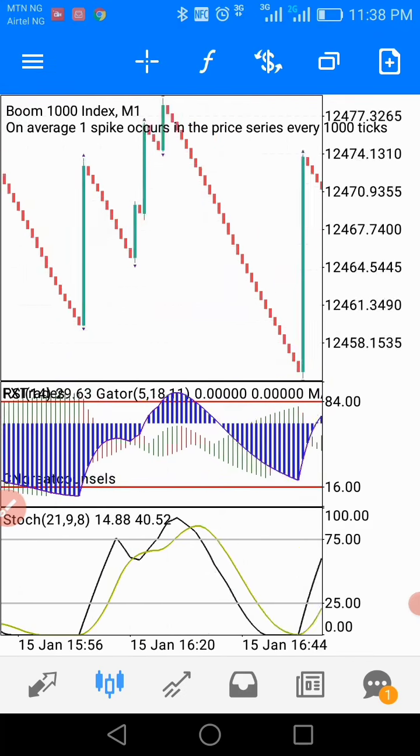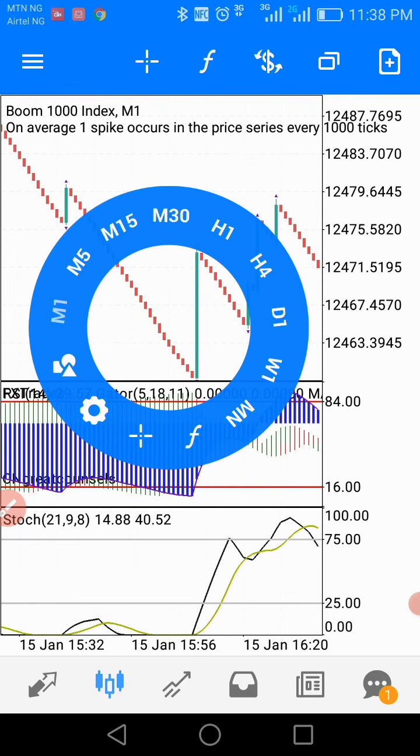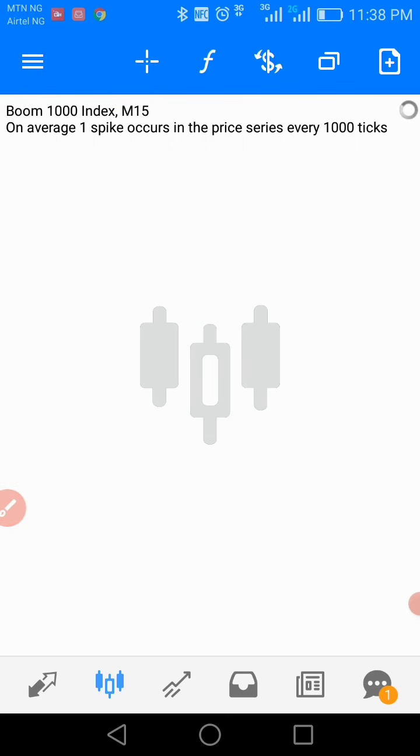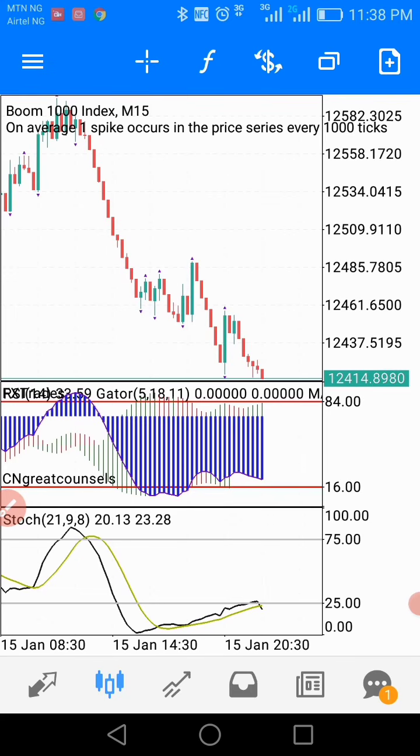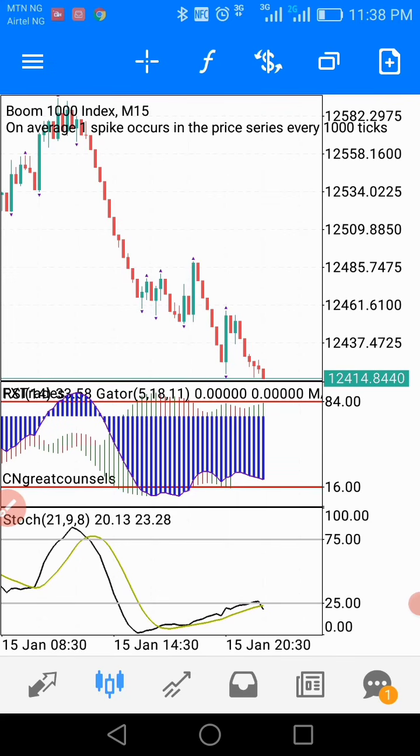And please, this strategy is not a completely zero loss strategy, and you might want to be sure that you are trading alongside the trend. It's better if the momentum is high, for instance, this is Boom 1000. The bearish momentum is high, like this.